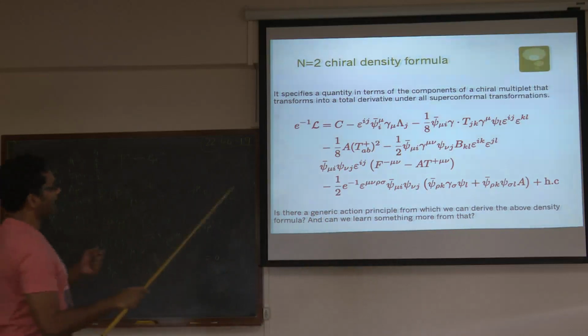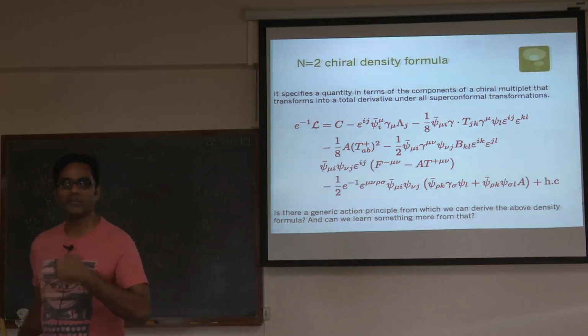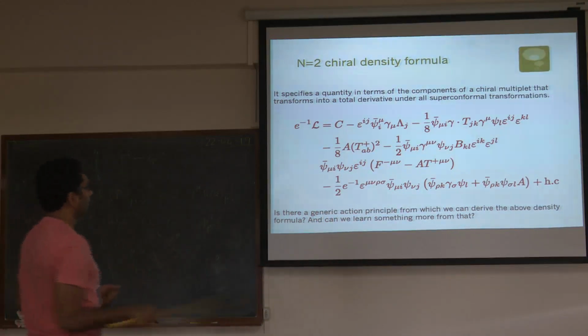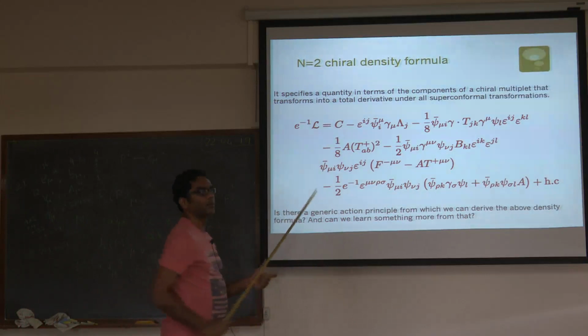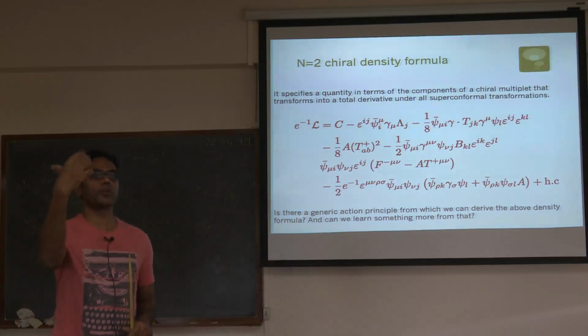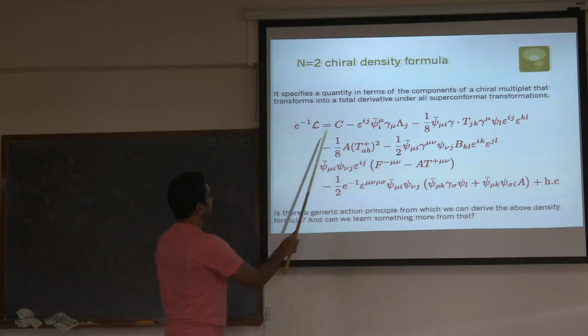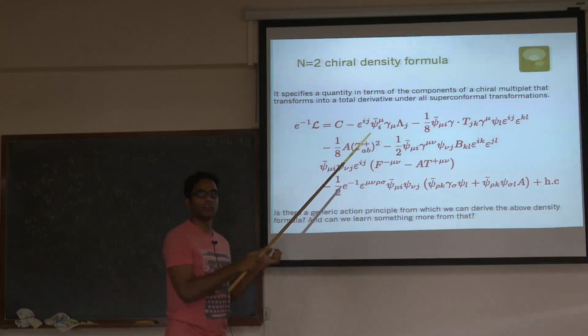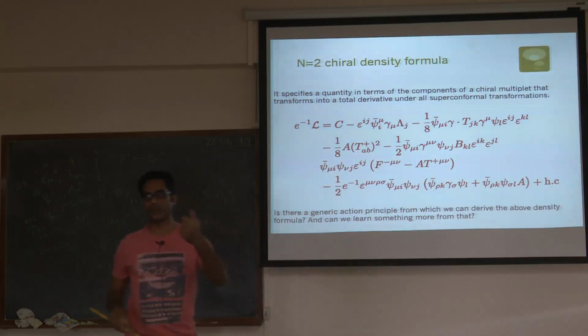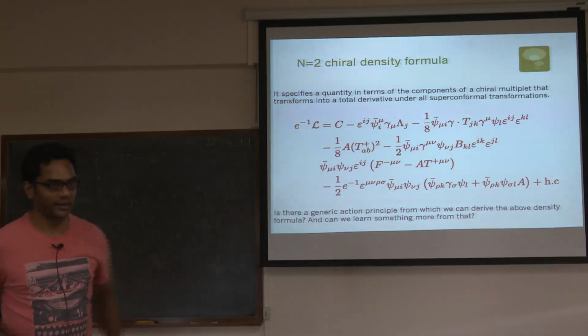Okay. Now, what you have here is, you do not have a flat space, you do not have global supersymmetry, you have local supersymmetry. So, the highest component will not transform to a total derivative, it will transform to a total supercovariant derivative. Okay. So, then it will not be a total derivative under local supersymmetry, but it will be a total supercovariant derivative. And if you expand out the supercovariant derivative, there are a bunch of other gauge fields appearing in there. Okay.